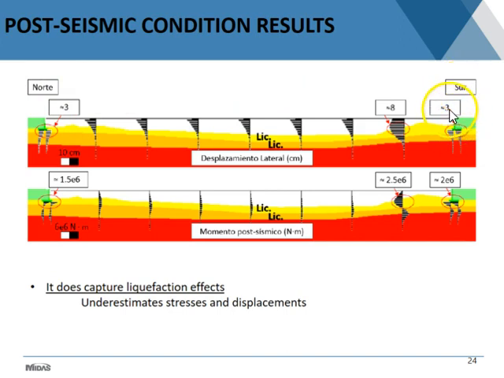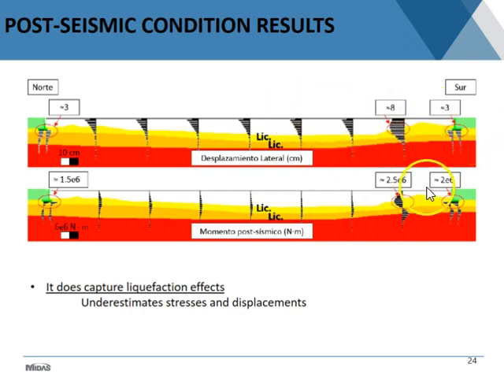Here you see the numbers are in the order of 3 centimeters, 8 centimeters, and 3, which is really not that far off from what was observed, but it was a little bit smaller than that. And here the idea is that when you take a look at a purely kinematical approach like this one, which is already a numerical model, but if you don't consider the shaking and the inertial forces, you're losing something.